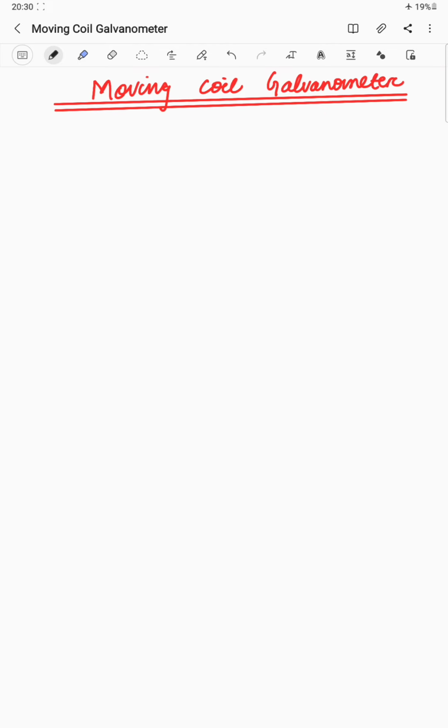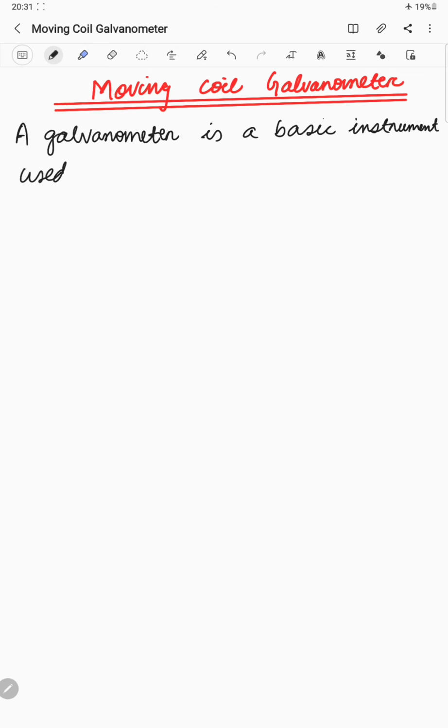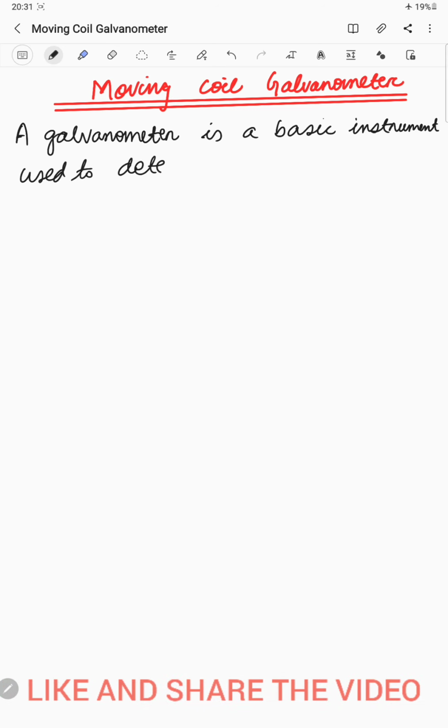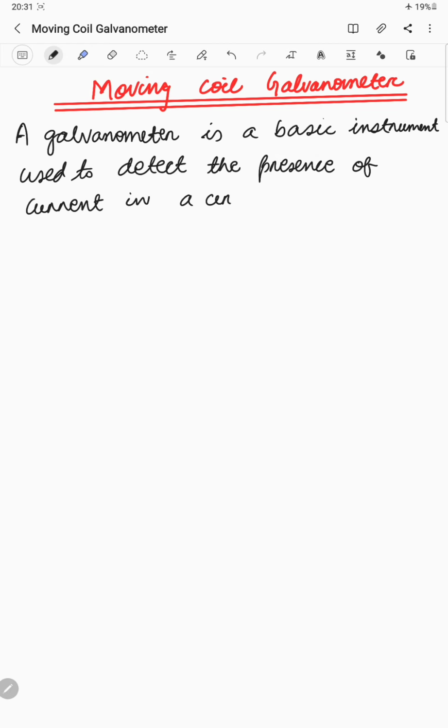Okay. So first of all, what a galvanometer is? A galvanometer is a basic instrument used to detect the presence of current in a circuit.